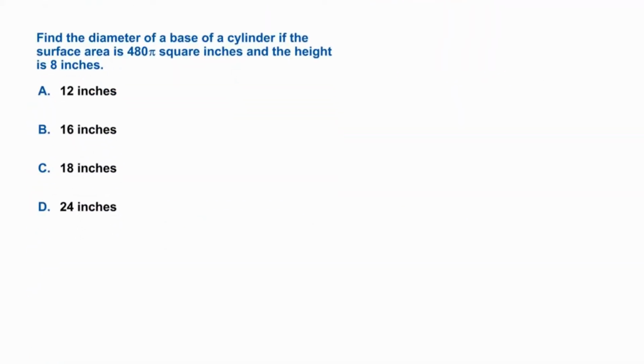Find the diameter of a base of a cylinder if the surface area is 480 pi square inches and the height is 8 inches. So we're given that the surface area is 480 pi inches squared. We're given that the height is 8 inches.